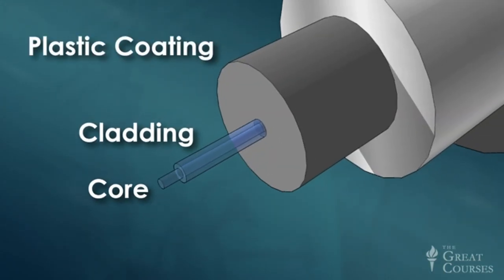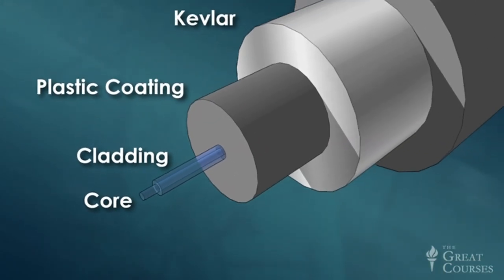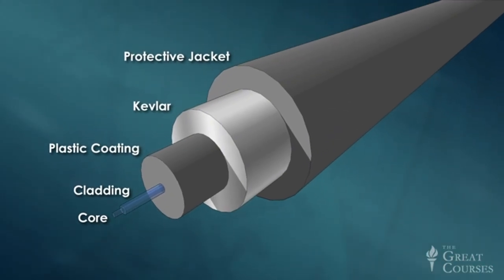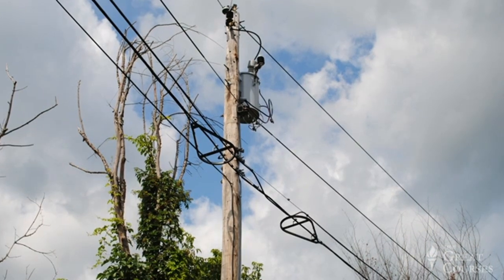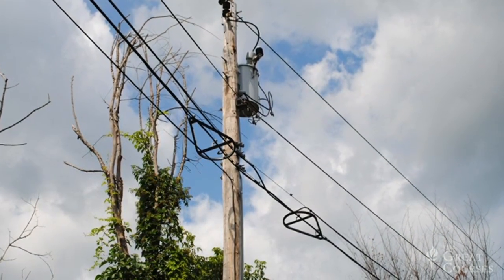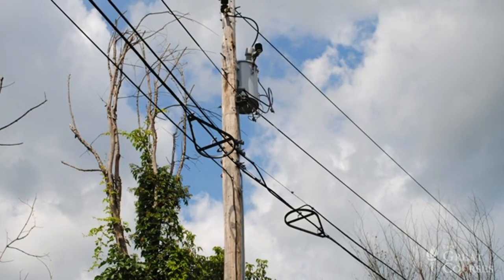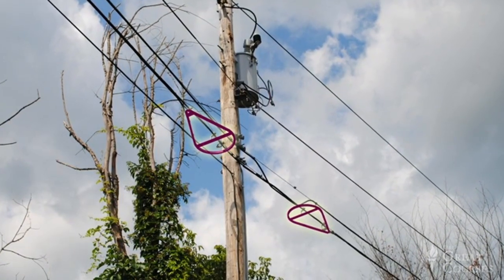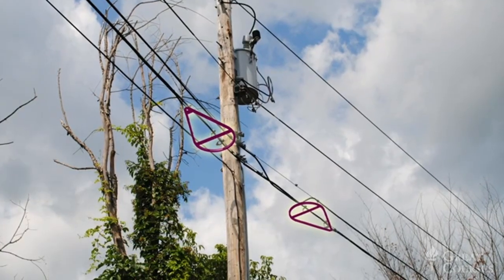Outside the cladding are a plastic coating, which prevents the fiber from bending excessively, a layer of Kevlar for strength, and an outer protective jacket. Thanks to these protective layers, optical fiber can be suspended from utility poles, buried, and even used underwater. And by the way, whenever you see these gadgets on an overhead line, you can be sure you're looking at a fiber optic cable.